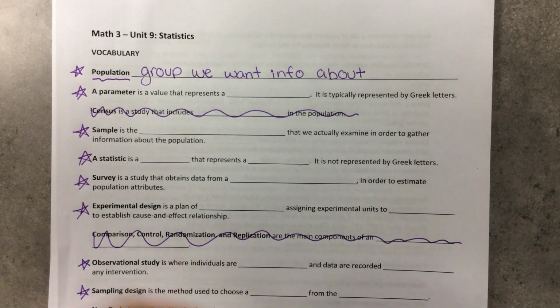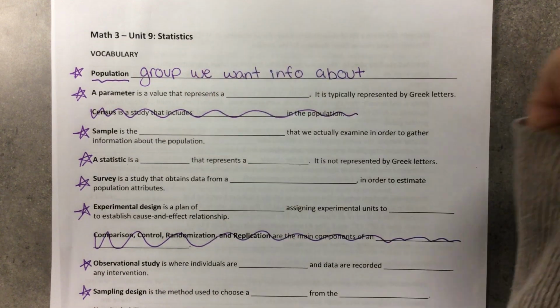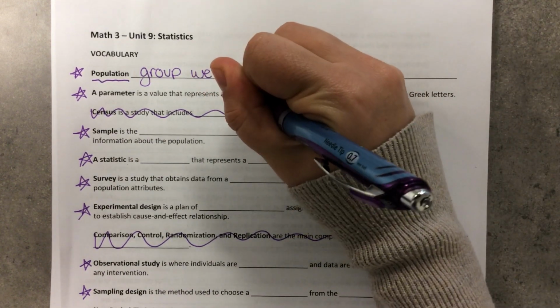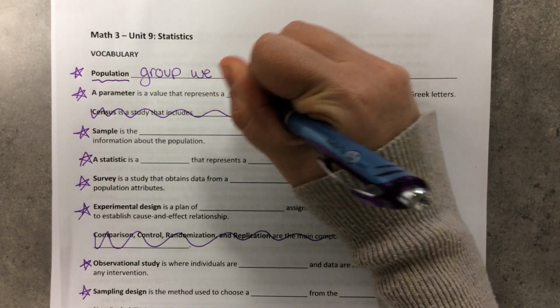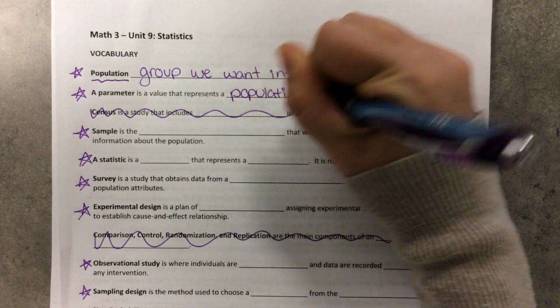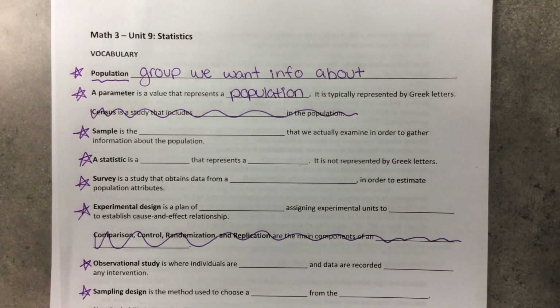A parameter represents the population, and it's what we want to find out. I'm not a huge fan of this definition.